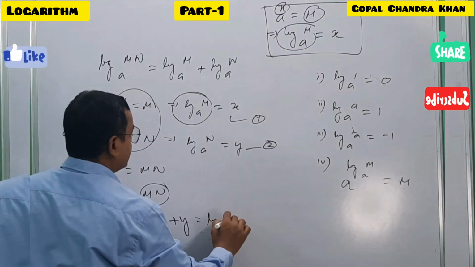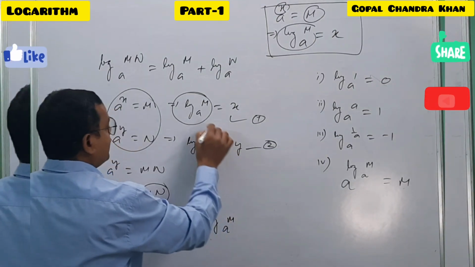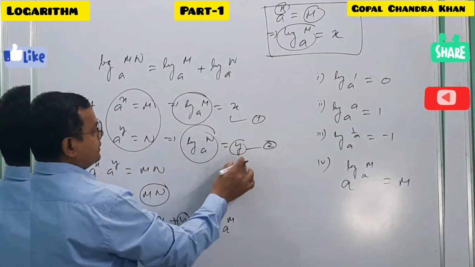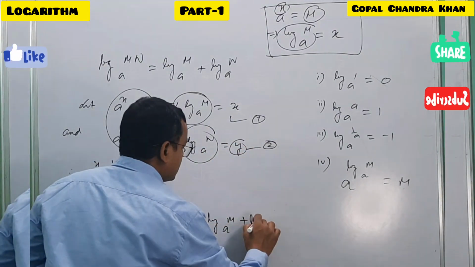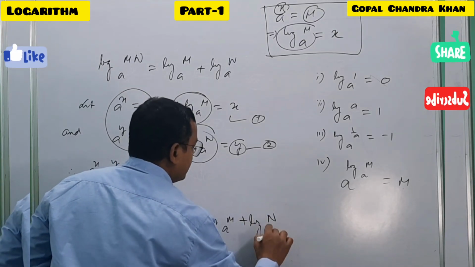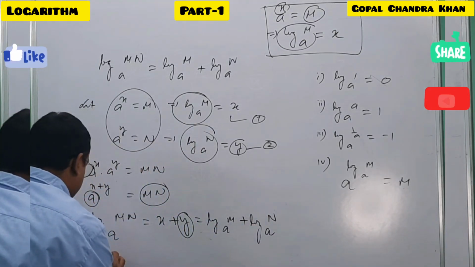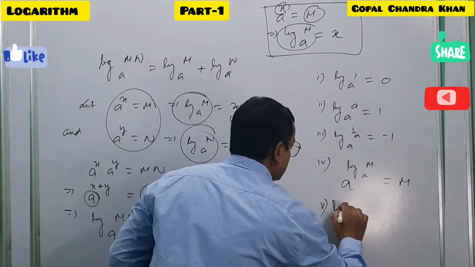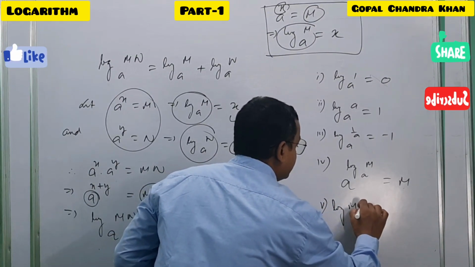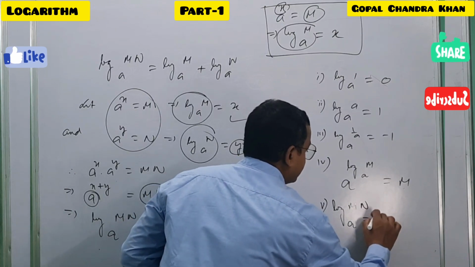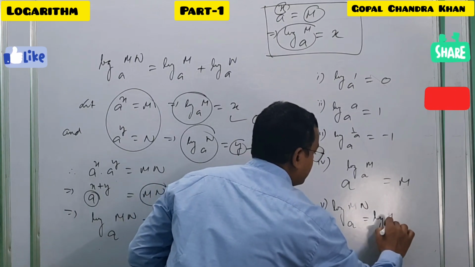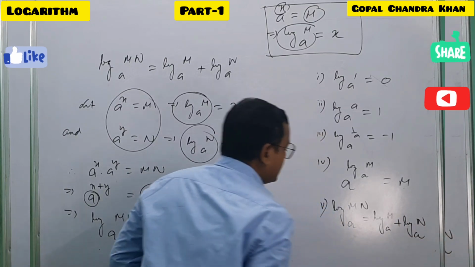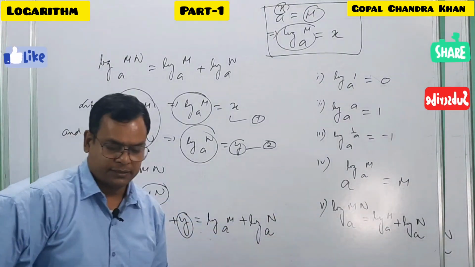That means logarithm m base a from here, and the y value will replace this with logarithm n base a. That means you got the formula number 5, that logarithm m into n base a equals to logarithm m base a plus logarithm n base a. That means you got the fifth formula.